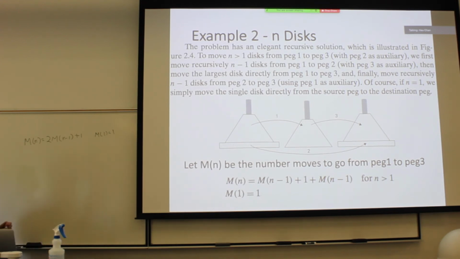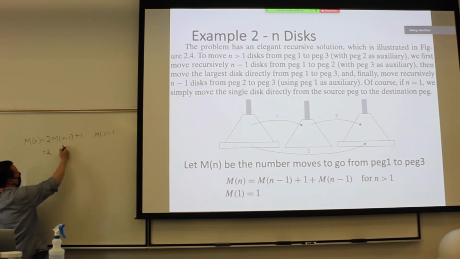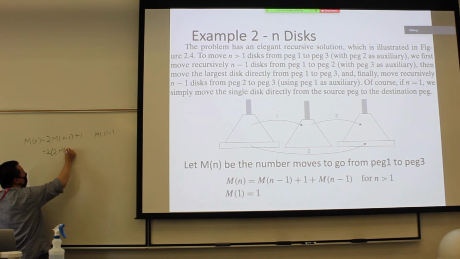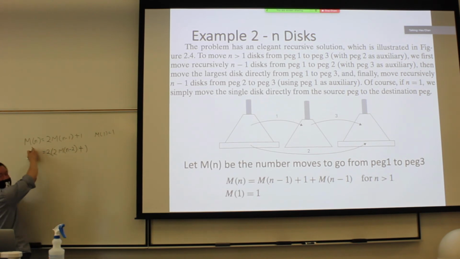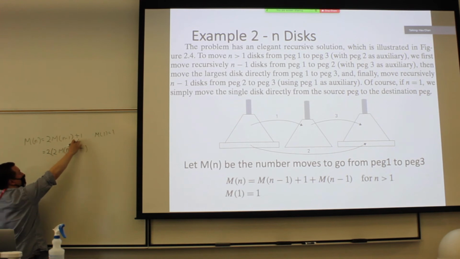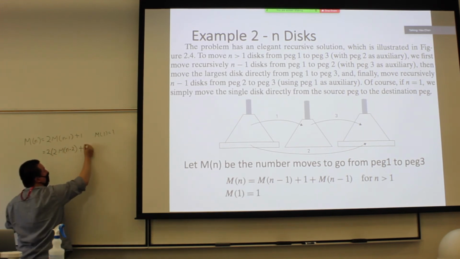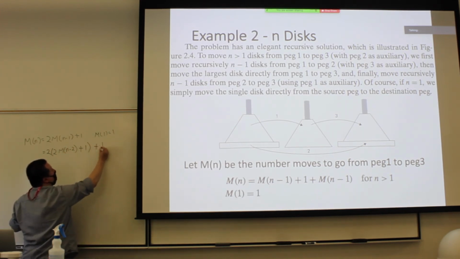So we're going to expand this term. We substitute n minus 1 here, so we get 2 times M of n minus 2 plus 1, plus 1.